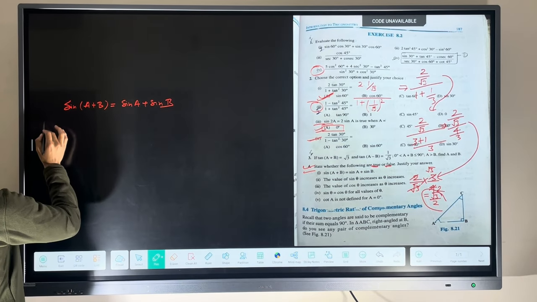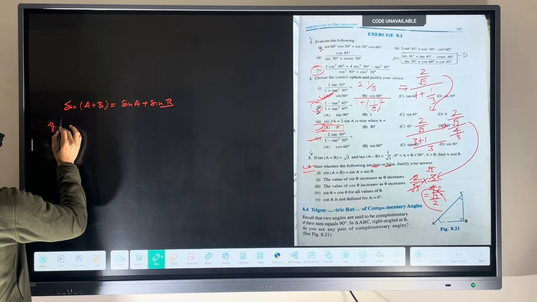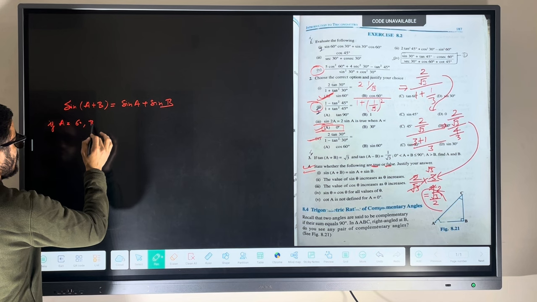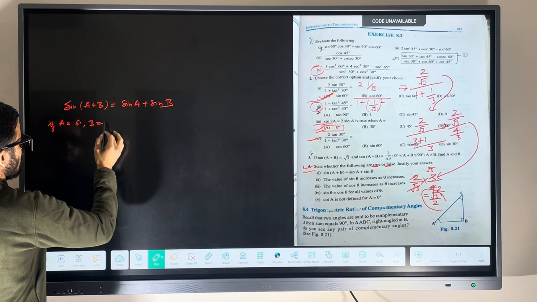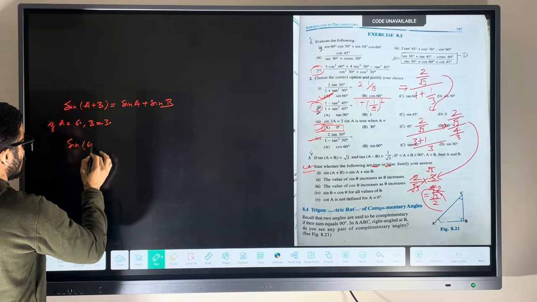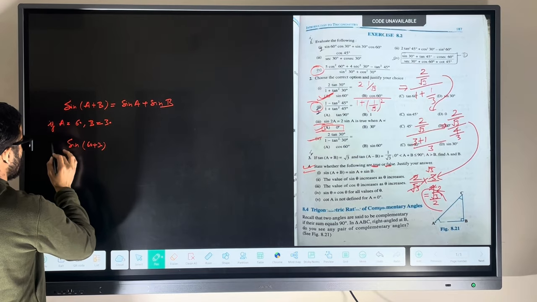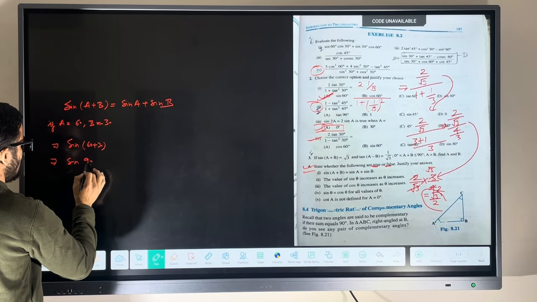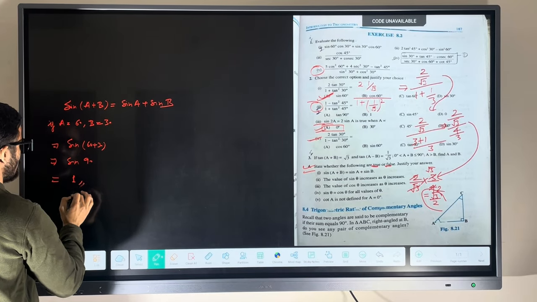Okay, suppose we take A equal to 60 and B equal to 30. Then sin 60 plus 30 turns to sin 90, and sin 90 is 1.